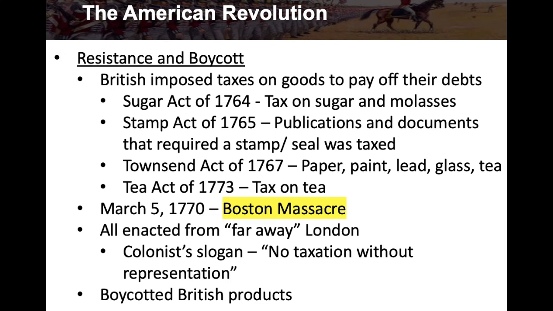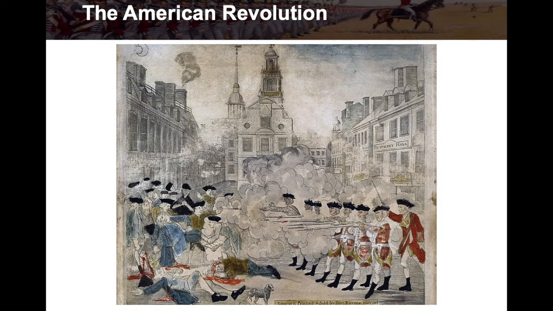They were being taxed, but yet they had no way of voicing anything in Parliament, because Parliament was in London, not in the New World, not in the colonies, and they were being taxed. So they were saying no taxation without somebody being in Parliament to speak for us. And so what they did was they began to boycott British products. There's a picture of the Boston Massacre.